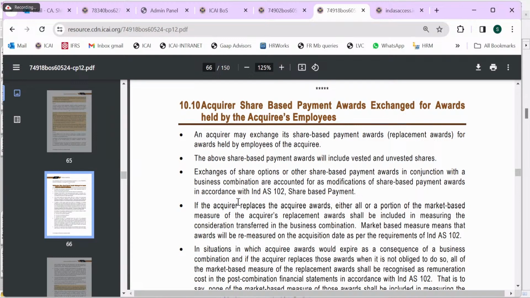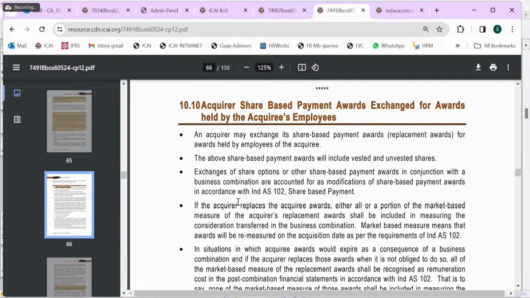Exchange of share options or other share-based payment awards in conjunction with a business combination is accounted for as a modification of share-based payment awards in accordance with Ind AS 102 Share-based Payment. So the key here is that though we are reading Ind AS 103, for this particular share-based payment scheme, Ind AS 103 is saying we have to do the accounting based on Ind AS 102.